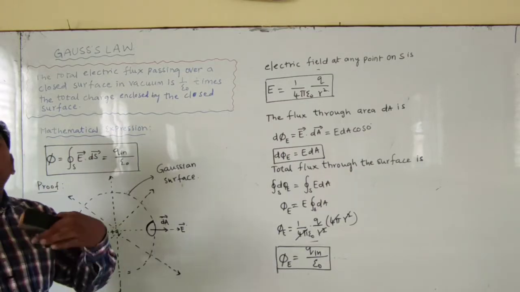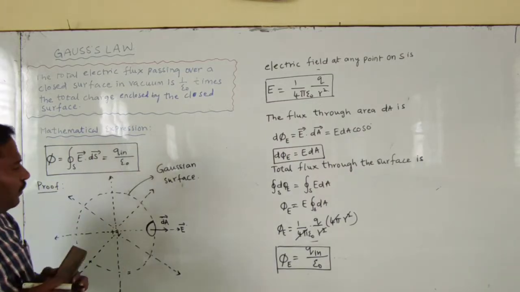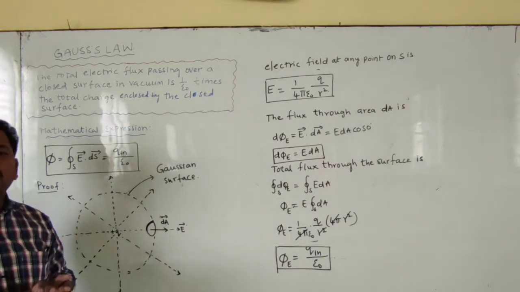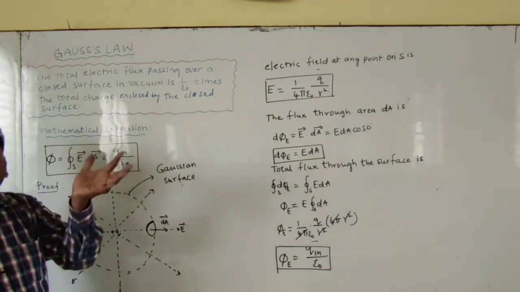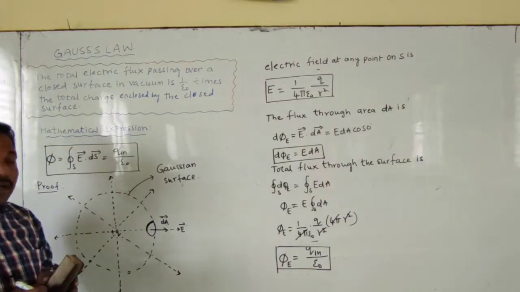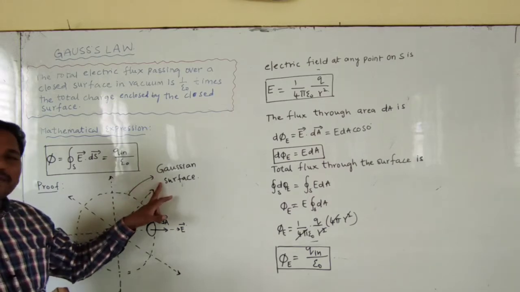So in order to find the electric flux, we have to imagine a Gaussian surface, or a Gaussian sphere, around the plus charge q.